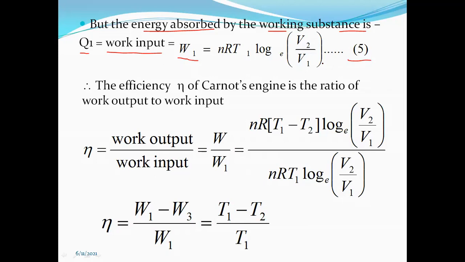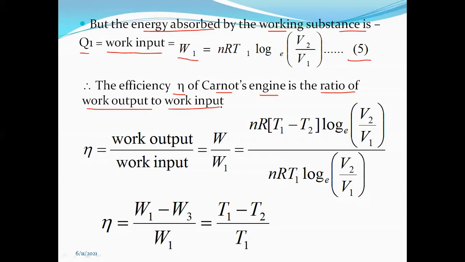Now things become easier. Therefore, the efficiency eta of Carnot's engine is the ratio of work output to work input. Earlier, I told you that it is output divided by input. This is the simple definition of efficiency of any engine.